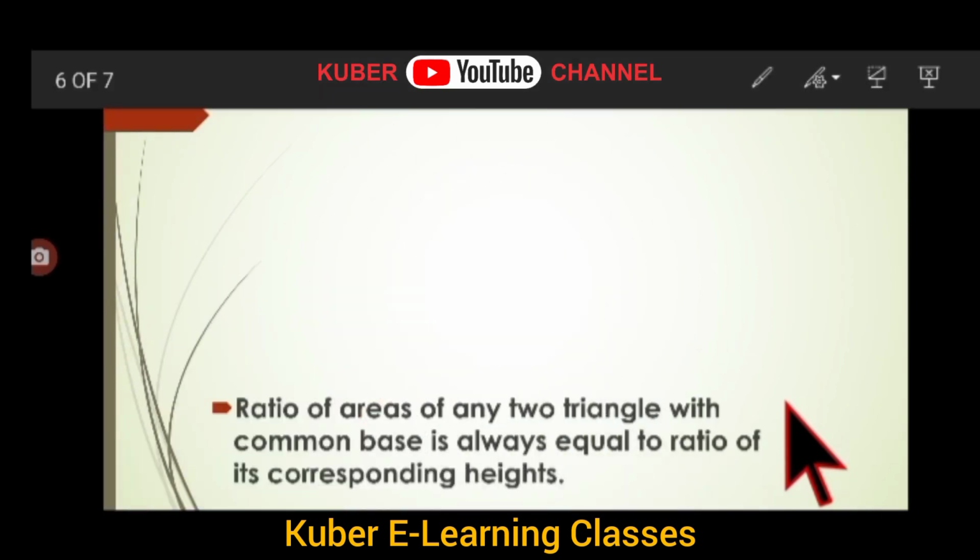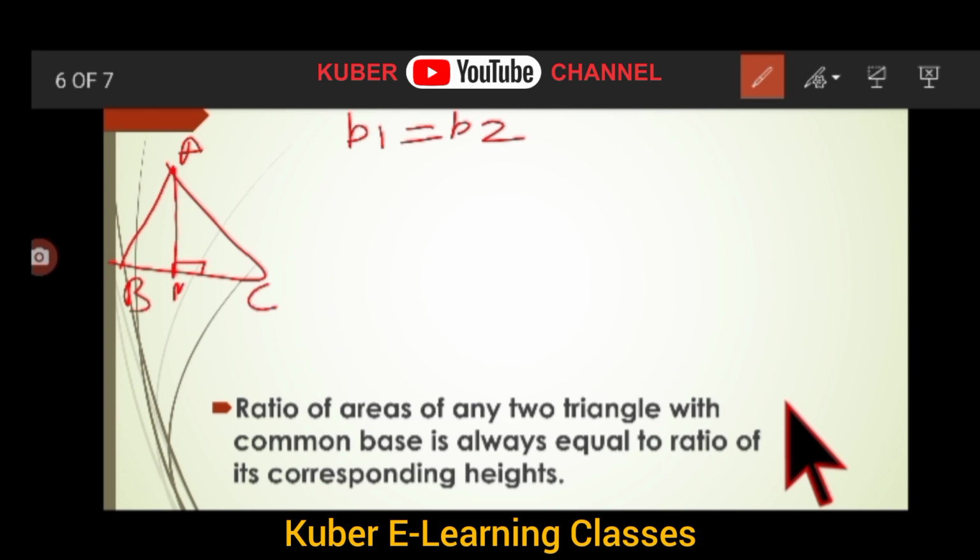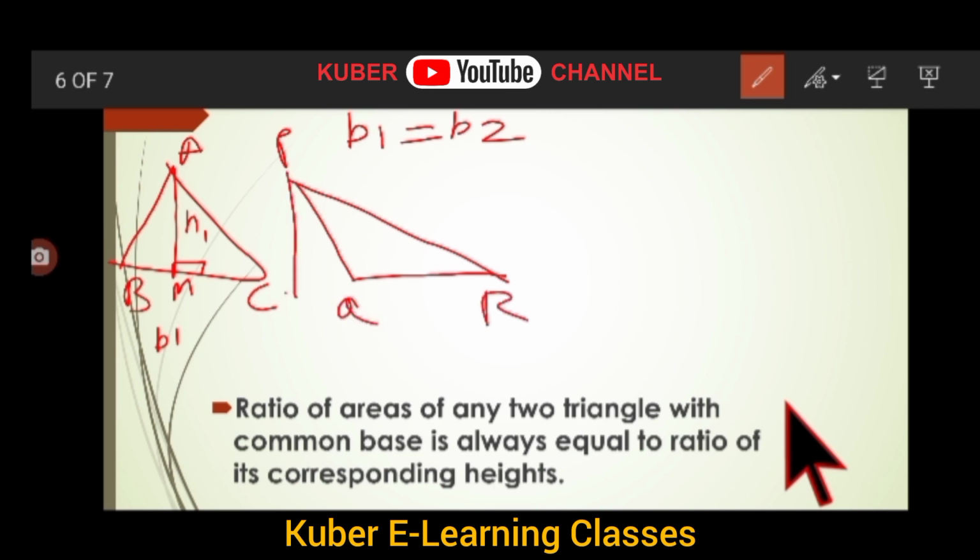Now the third one is also the same. Now suppose in the same triangles the bases are equal, meaning B1 is equal to B2. In the figure, again this is ABC, AM is the height, BC is the base, H1 and B1, and here PQR and PS is the height we have taken, and QR is the base, this is B2, this is H2.